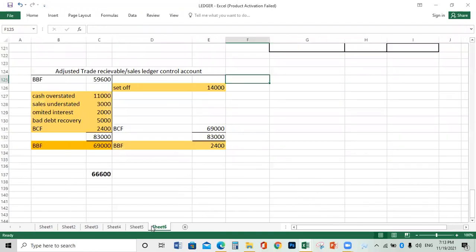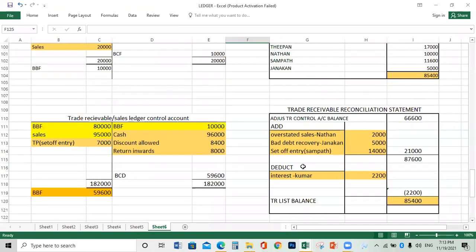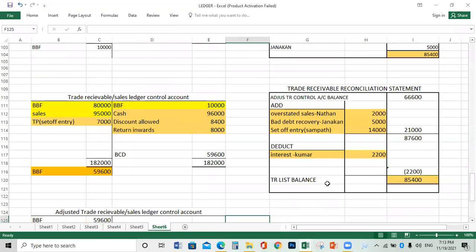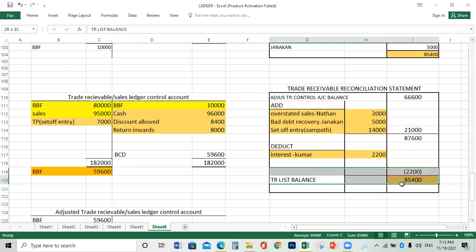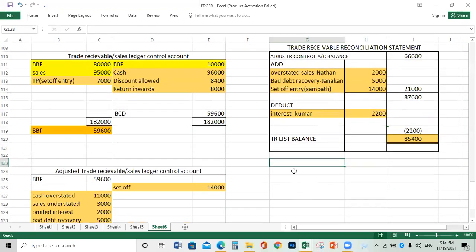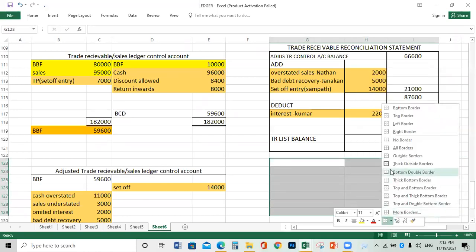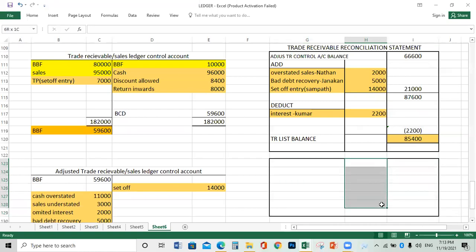Okay, so now guys, the answer you get in the trade receivable reconciliation statement is the list balance before you correct the mistakes. This is the list balance before you do any correction for the individual balances.